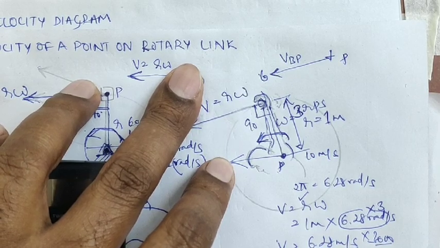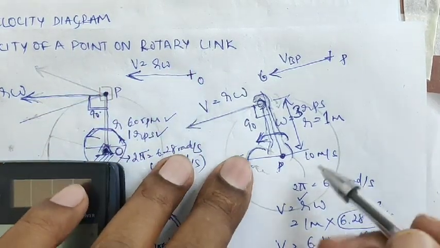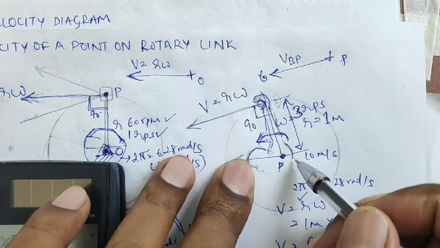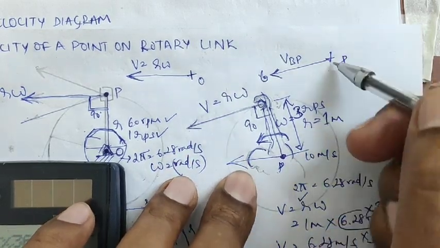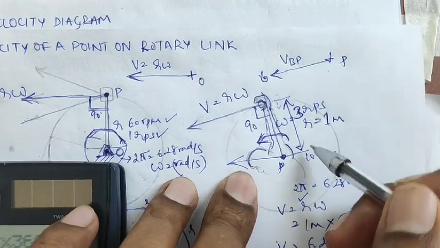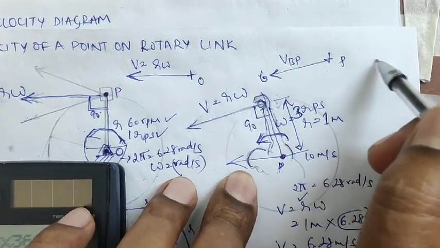Then what would happen? Here both the velocities would get added. So this person would be moving at a speed of 10 meters per second in this direction.